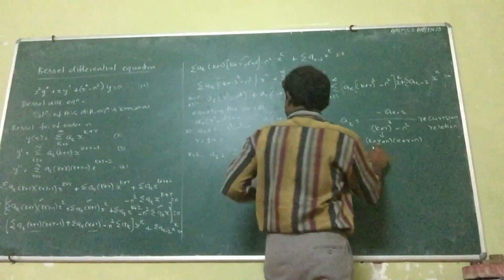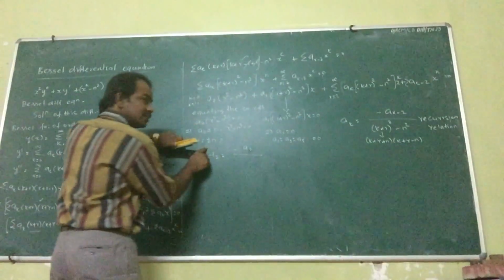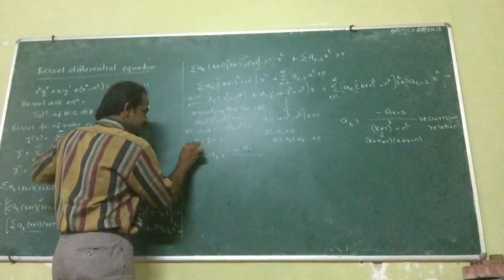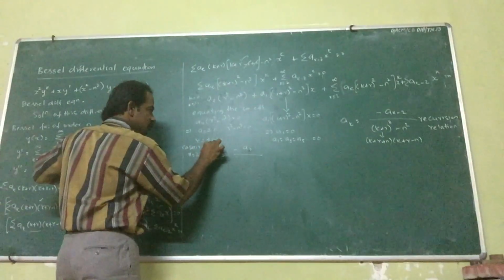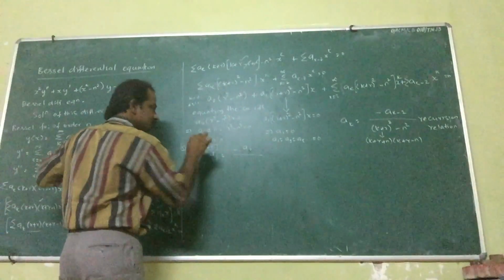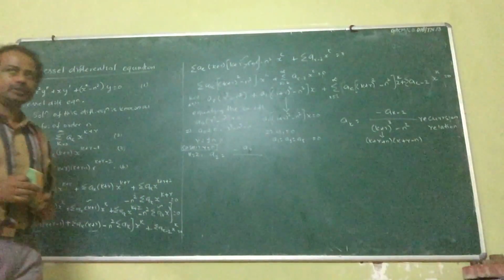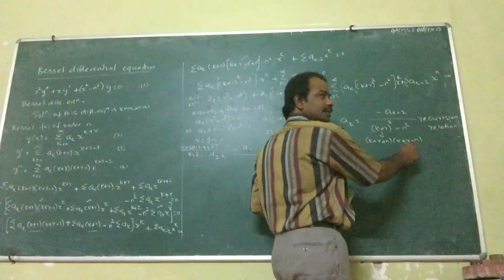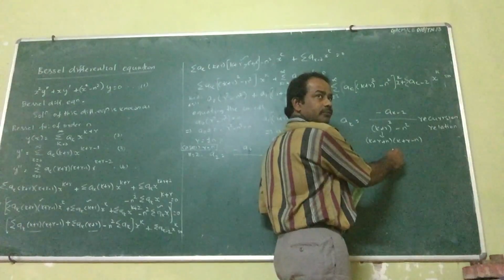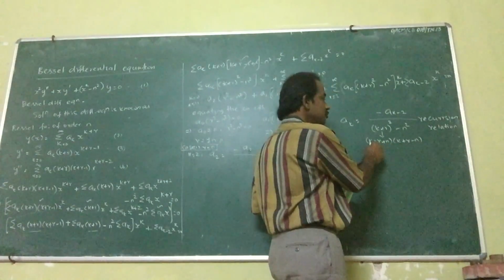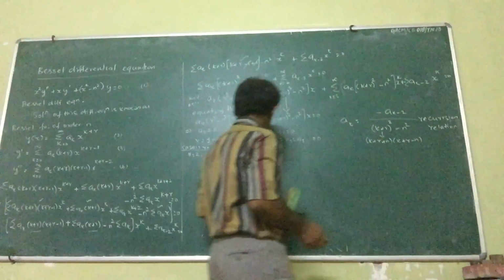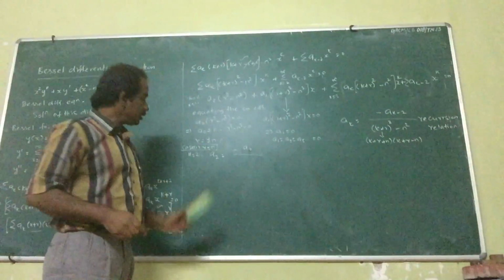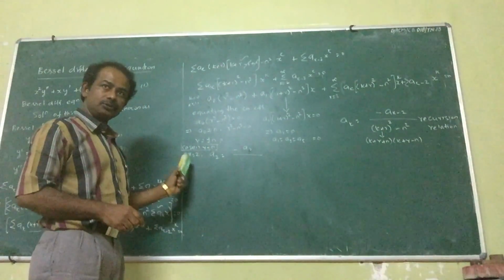Now r becomes plus or minus n. In the first case, r equal to n. So when r equal to n, the n gets cancelled, we have k alone. Here this becomes k plus 2n. We are going to substitute k equal to 2.